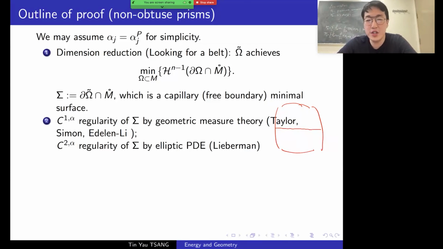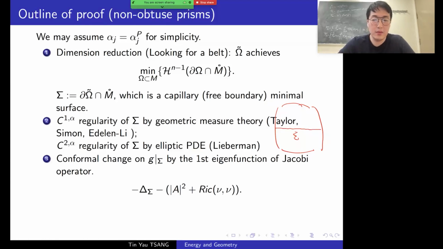First of all, on this surface, because we want to do some analysis, we have to make sure it is regular enough. So from the geometric measure theory point of view, we have to use the results by Taylor, Simon, Edelen, and Chao Li himself. And then for some scenarios, we can use the regularity results of Lieberman to show that the surface sigma is actually C^{2,α}.